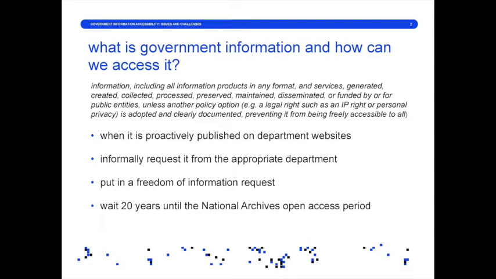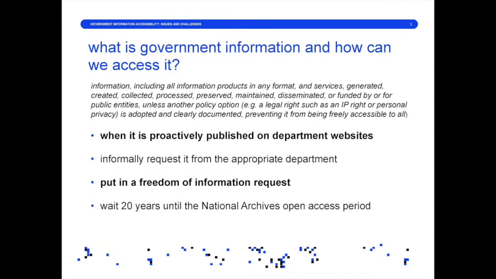If neither of those works, then you can put in a formal Freedom of Information request and hopefully get the information, although not always. Or the last idea is to wait for 20 years, and then you can get it from the National Archives in their open access period, which is after 20 years.